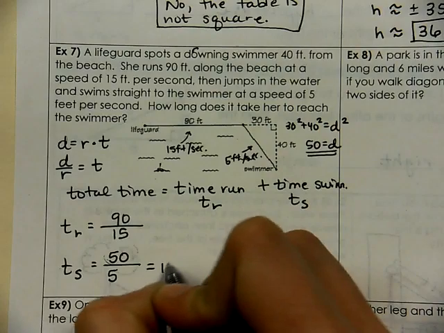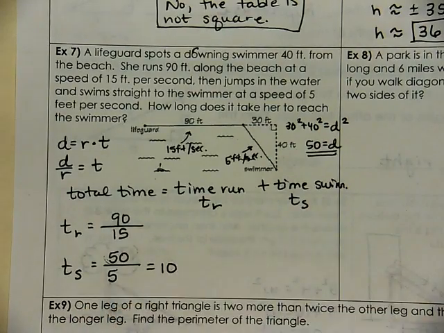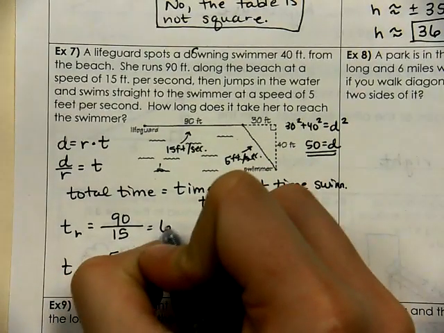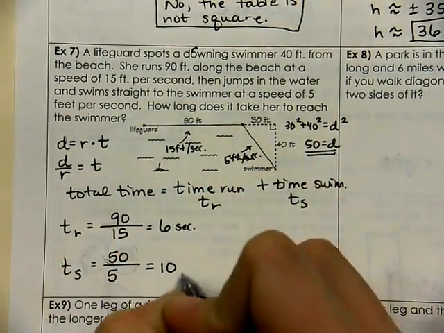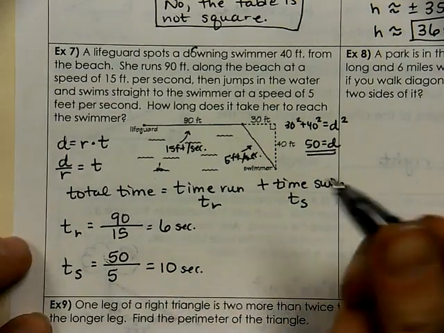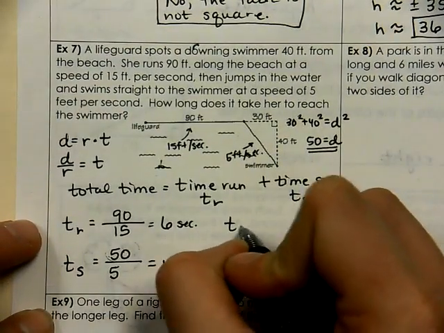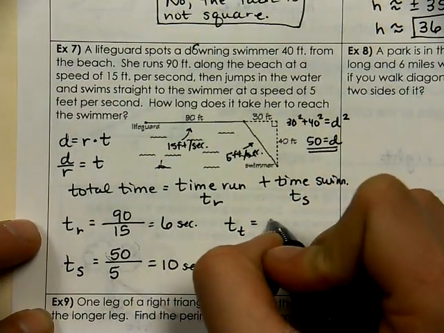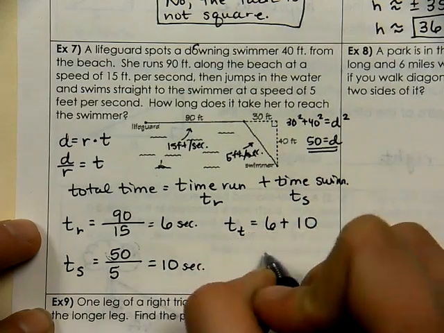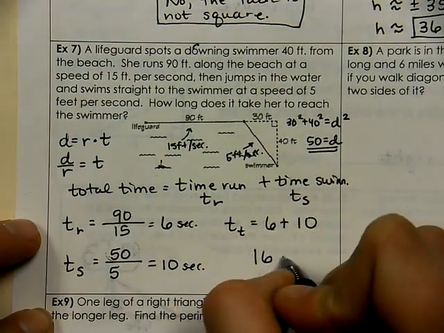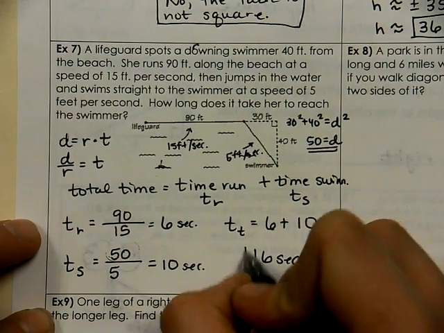It'll take me 10 seconds to swim, and then 90 divided by 15 gives me 6 seconds spent running. So my total time is 6 plus 10, or 16 seconds.